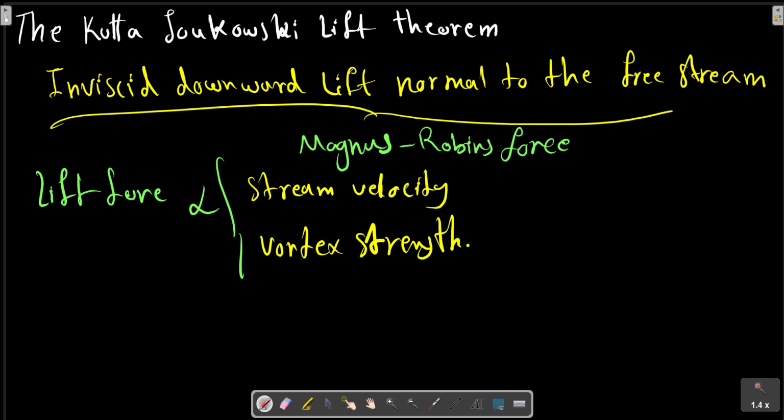Its discovery by experiment has long been attributed to the German physicist Gustav Magnus, whose effect was observed in the 19th century.